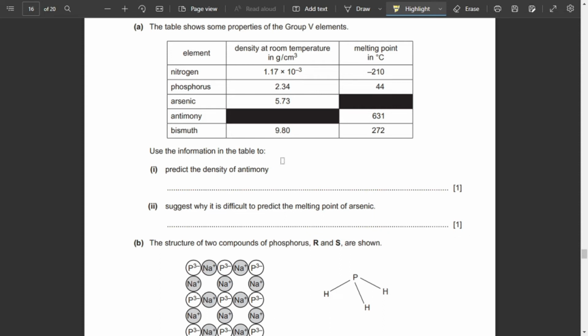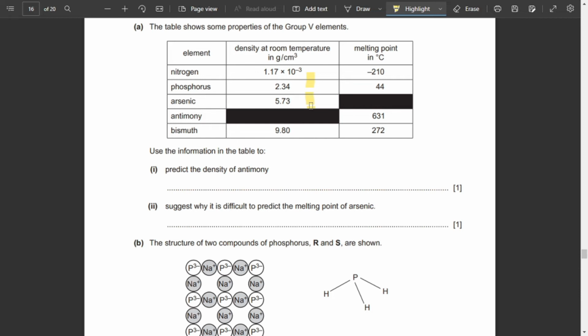Also one more thing I just realized in this question: when we're talking about the density of antimony, there's a big change and then another big change, so you need a value somewhere in the middle. I'm not sure if 5.74 will be correct, because arsenic is 5.73 and 5.74 for antimony will not really make a great difference.